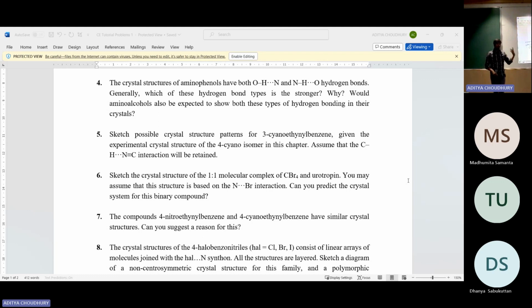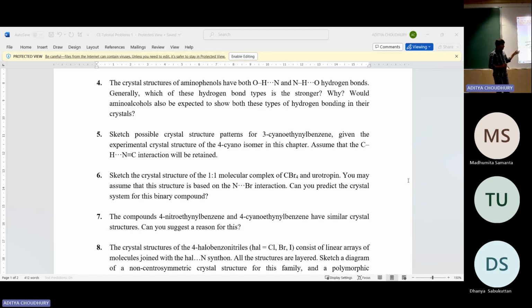Which one is more dominant and why? Is there any predominance of one over the other? OH N. Again, the polarity difference, and OH N is more predominant over NH2.